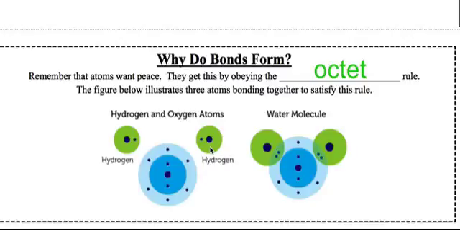Remember, it's the one that's kind of the oddball, it and helium, because it has just that one energy level. So when we look here, you can see that water has bonded, and you end up with 8 electrons now in the oxygen, but you also have 2 in each hydrogen.